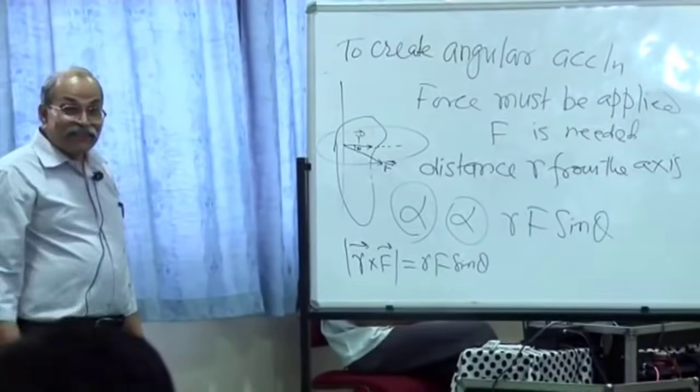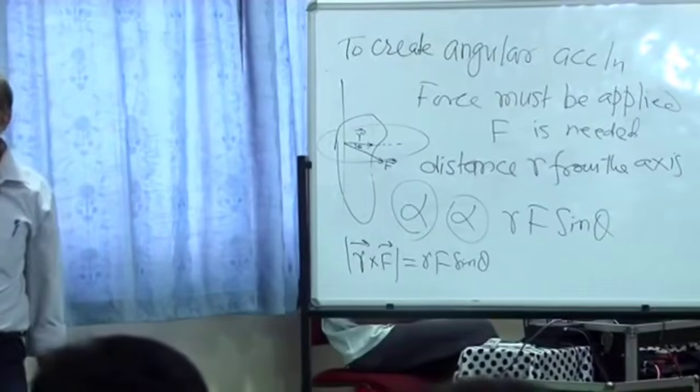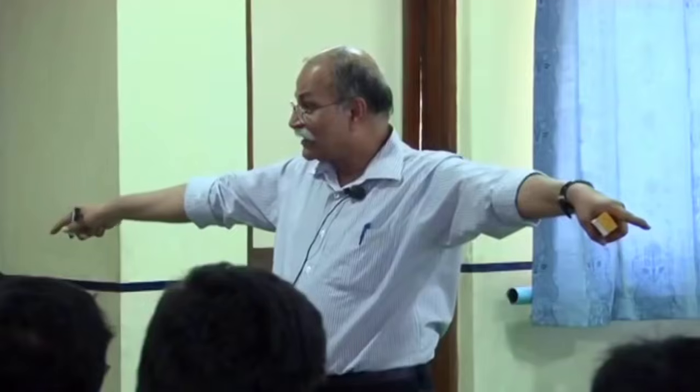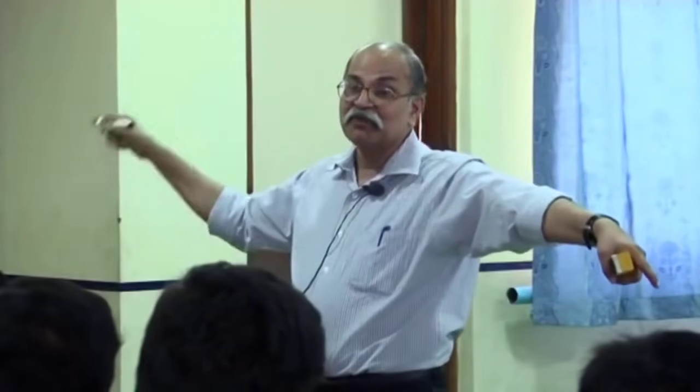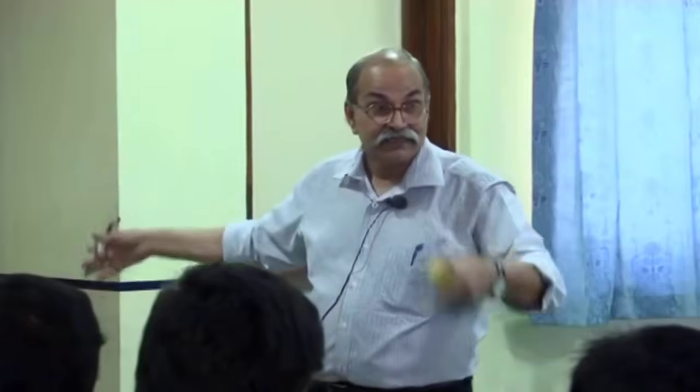Okay. Now this is the quantity which directly determines the angular acceleration. Force is the quantity which directly determines the linear acceleration. Acceleration a is proportional to force. Here angular acceleration is not proportional to force alone, not proportional to r alone, not proportional to sine theta alone, but it is proportional to the product.